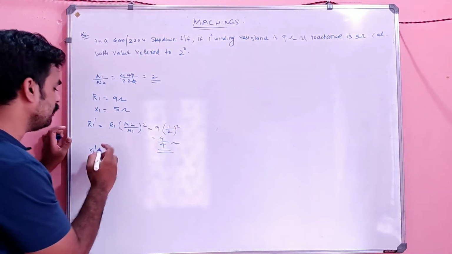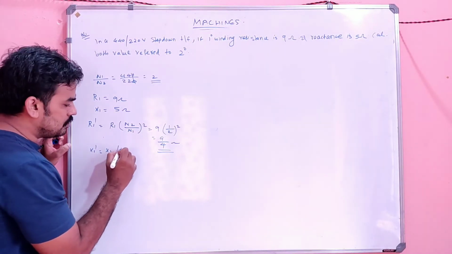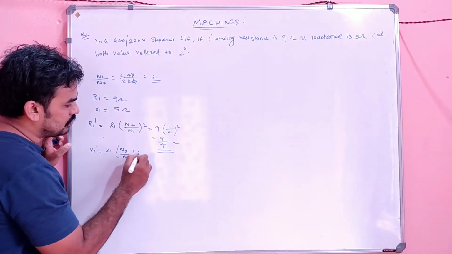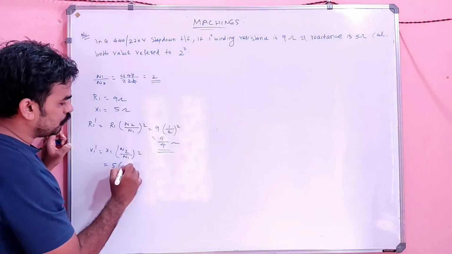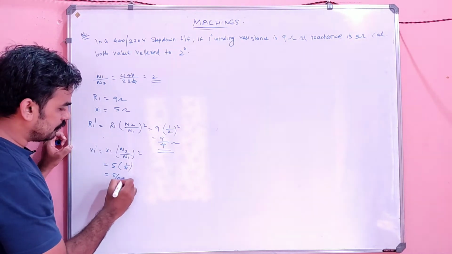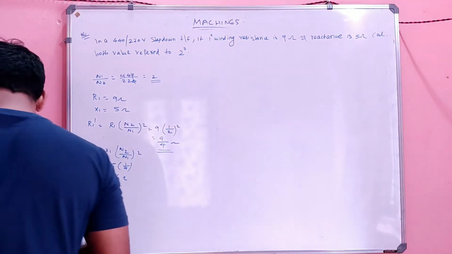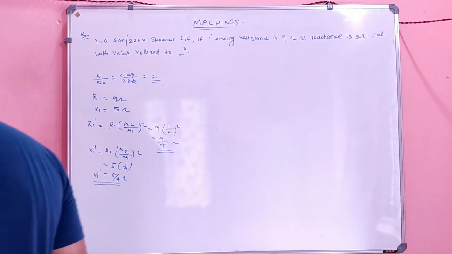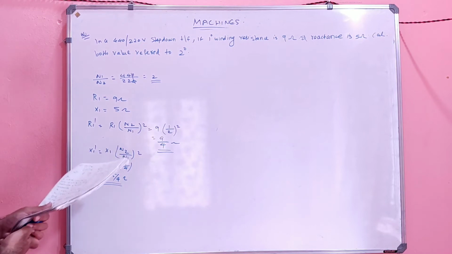So X1 dash equals old X1 into N2 by N1 whole square. Old X1 is 5, into 1 by 4, correct? So it is simply 5 by 4. So that is the answer. Very easy problem, right? Is it correct? Okay.